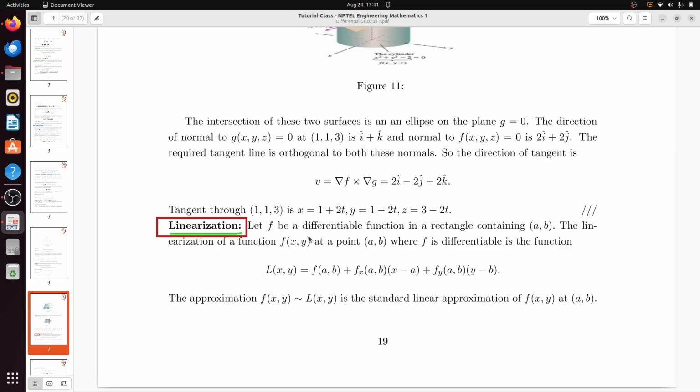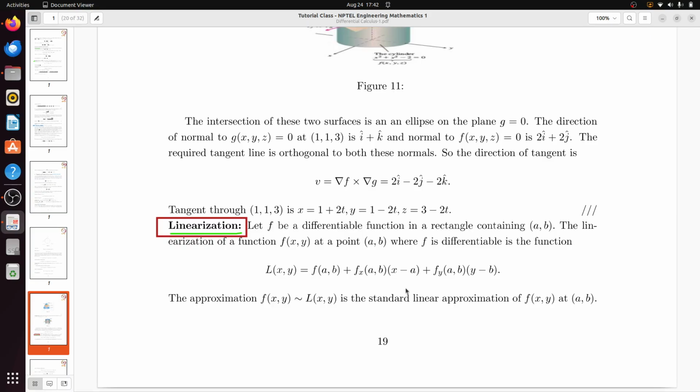approximate a function. So for example, here we will deal with a function of two variables. You have a function of two variables f(x,y), and f is a differentiable function in a rectangle containing (a,b). The linearization of the function f(x,y) at a point (a,b) where f is differentiable is the function L(x,y) equal to f(a,b) plus f_x(a,b), that means the first order derivative at the point (a,b), times (x minus a), plus f_y(a,b) times (y minus b).